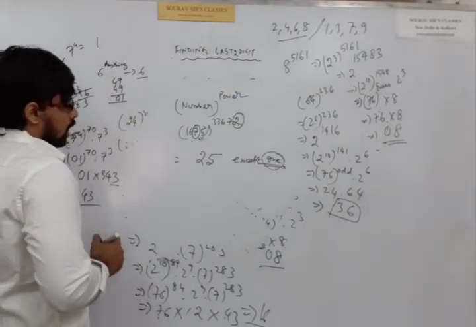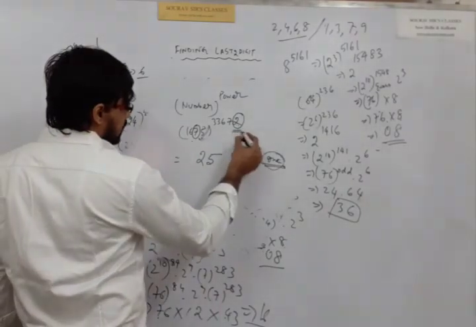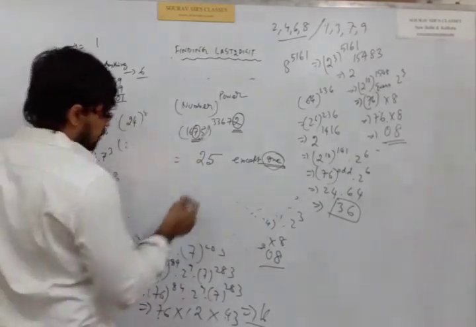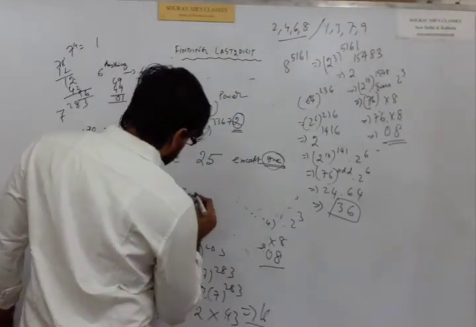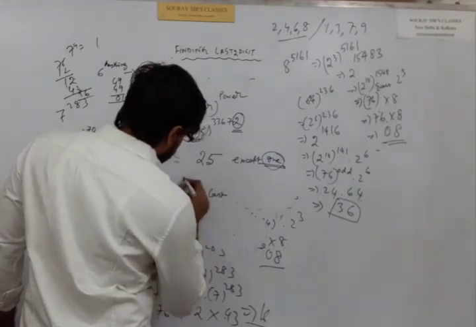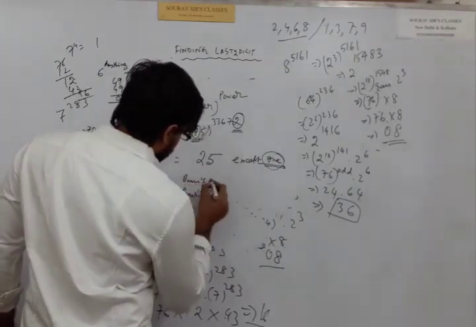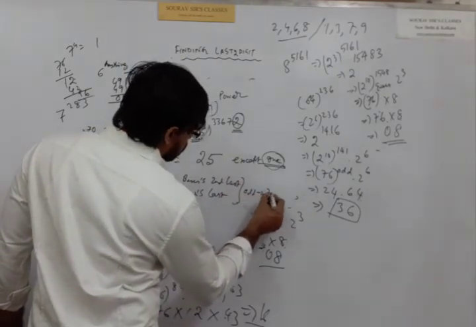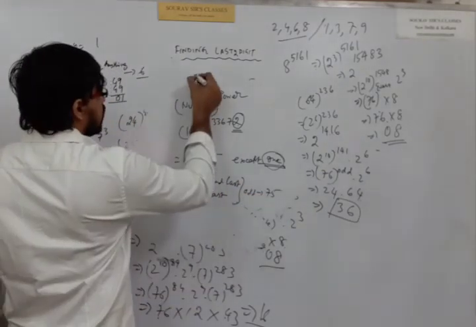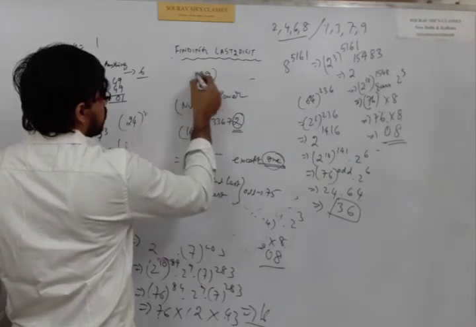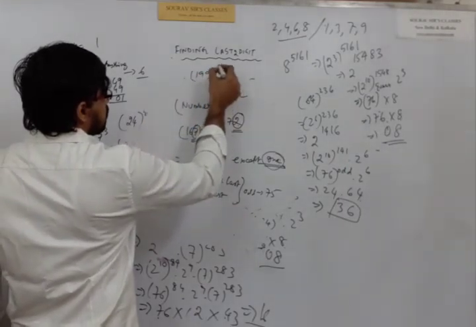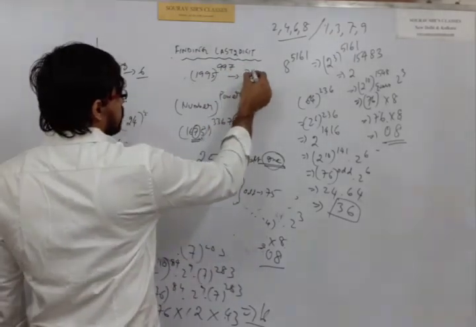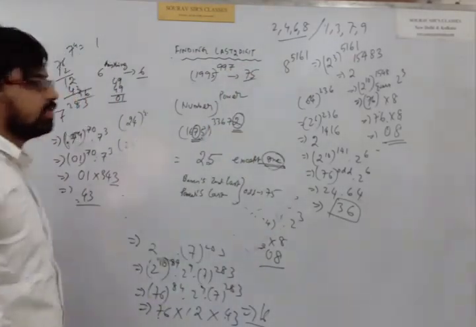Remember that the power's last digit and the base's second last digit. If both are odd, then the last two digits are 75. For example, 199 whole to the power 997. So in this case, the last two digits will be 75.